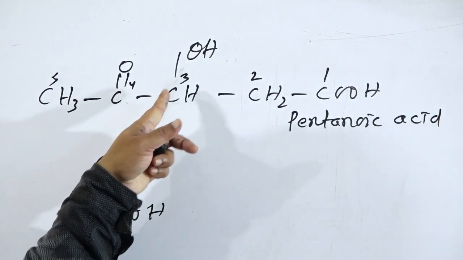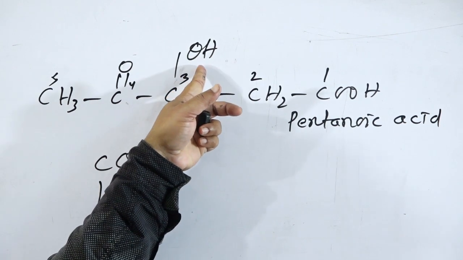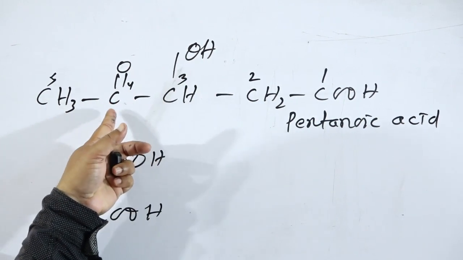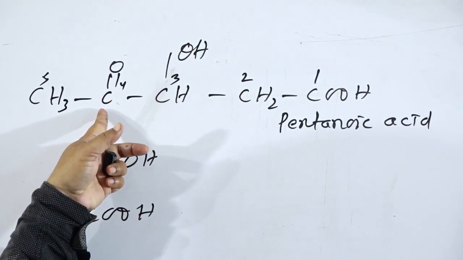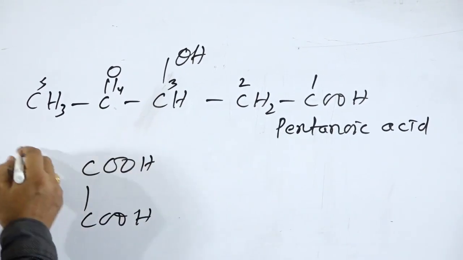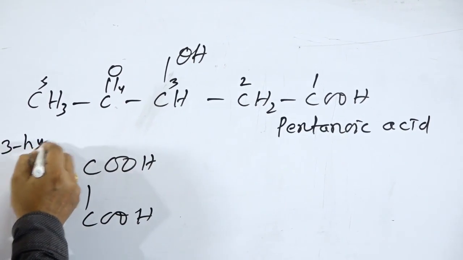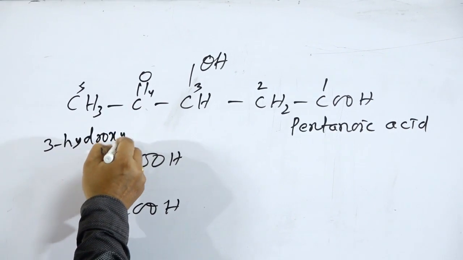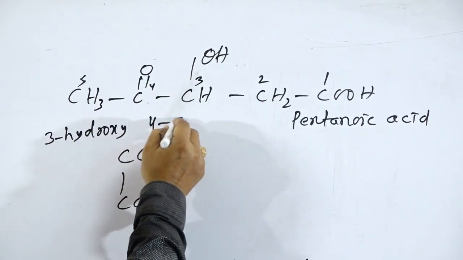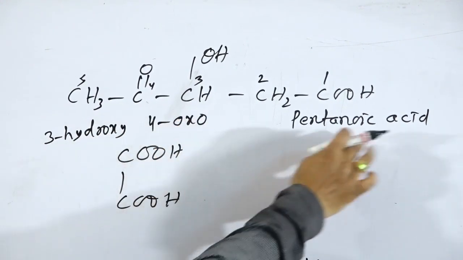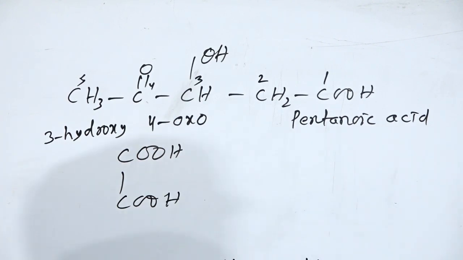Among them, hydroxy comes first, then oxo. So the name of this compound is 3-hydroxy-4-oxopentanoic acid.